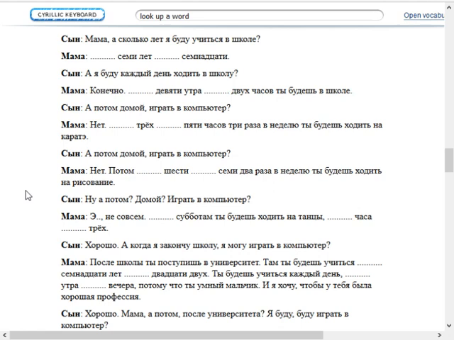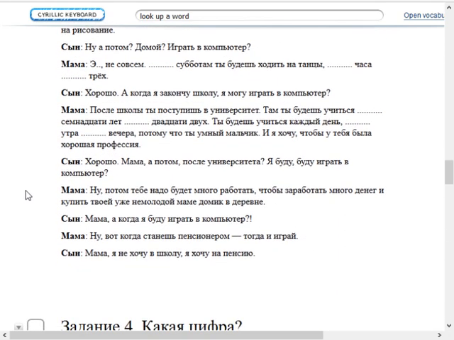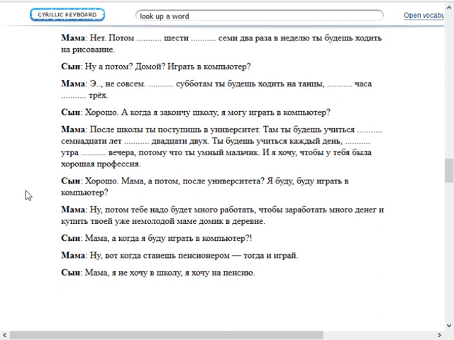После школы ты поступишь в университет. Там ты будешь учиться с 17 лет до 22. Ты будешь учиться каждый день, с утра до вечера, потому что ты умный мальчик. И я хочу, чтобы у тебя была хорошая профессия. Хорошо. Мама, а потом, после университета, я буду играть в компьютер?